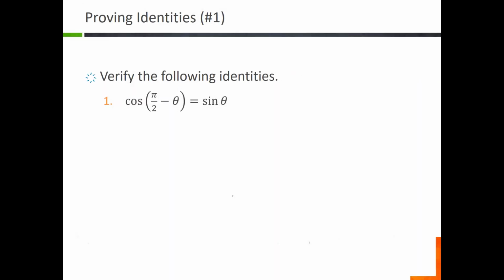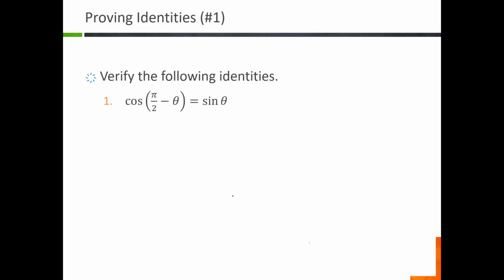All right, the last 2 things we want to look at here is just how do we use our identities to verify other identities. So the first example here, we have the cosine of the quantity pi over 2 minus theta, and we want to show that that's actually just equal to sine of theta, which you might get real excited because you look at that and you realize that that's one of the cofunction identities.